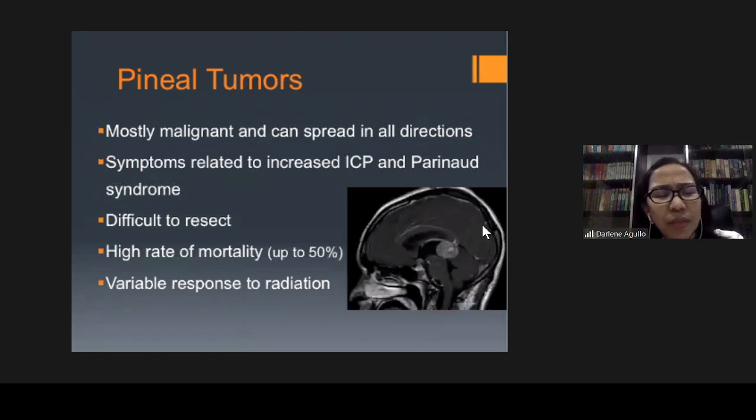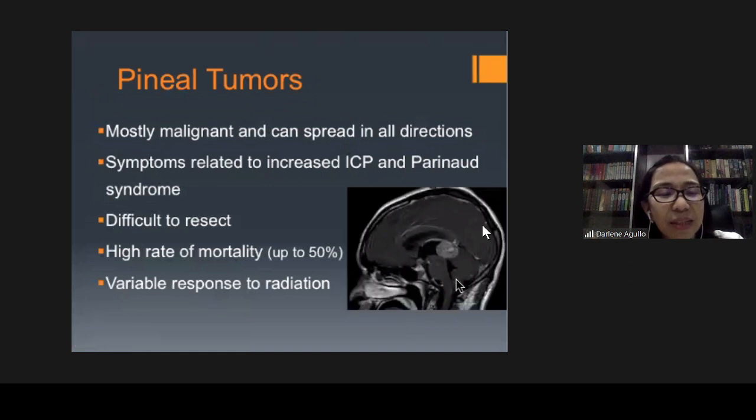Pineal tumors are mostly malignant and can spread in all directions. So kung asan yung area ng pineal gland, andun yung tumor location mo, ha? Obvious naman. Symptoms are related to increased ICP and Parinaud syndrome. So reading assignment nyo, ano ang Parinaud syndrome?